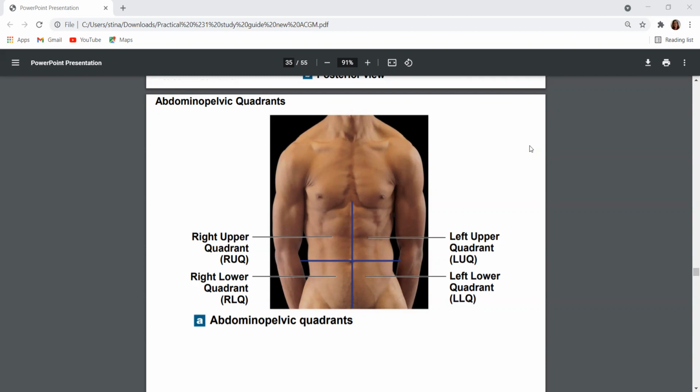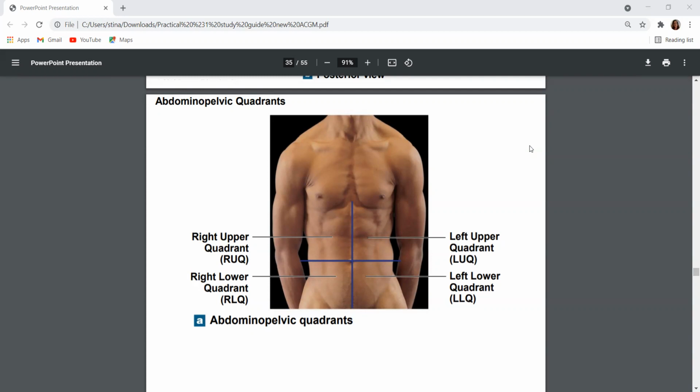The reason this is important to divide those up is when you come into the ER, for instance, and you're going, oh my gosh, I hurt right here. They're not just going, oh, she's got some pain somewhere on her trunk. No, they're going to divide it into smaller regions so they can pinpoint where the problem may be. And the way they do that is they'll say, oh, she has pain, for instance, in her right lower quadrant.